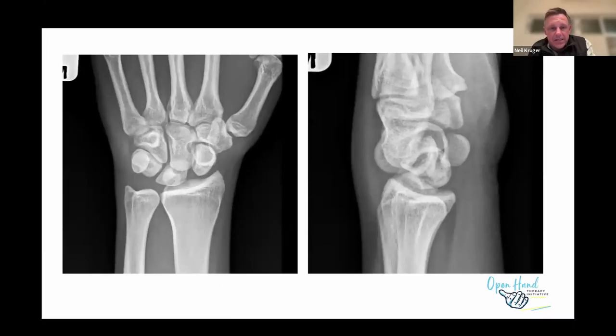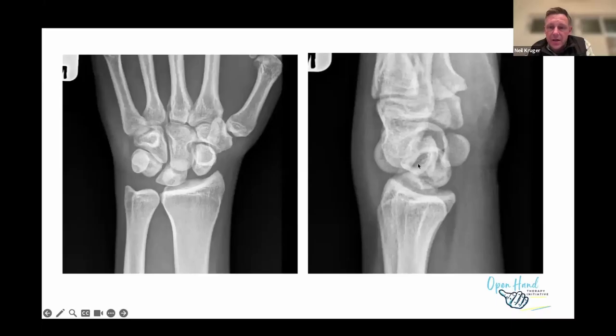Obviously there's a spectrum, right? And I really want to focus on the wrist in terms of x-rays here. So on the left-hand side here, you can see that this looks like a really, really high riding scaphoid. Again, here's the importance of two views, because you can see here that the whole carpus has dislocated off the back of the wrist. You can see that the capitate is sitting out the back of the wrist, perched on the back end over here.